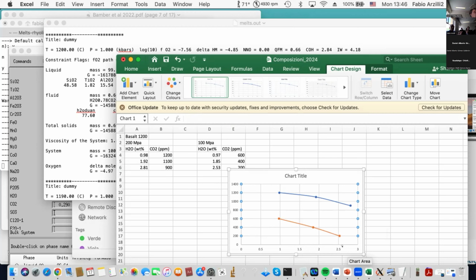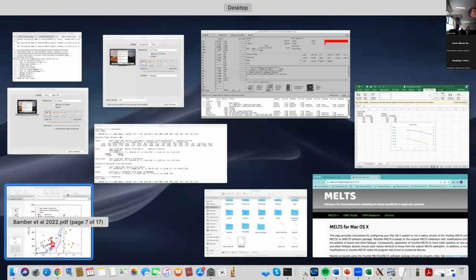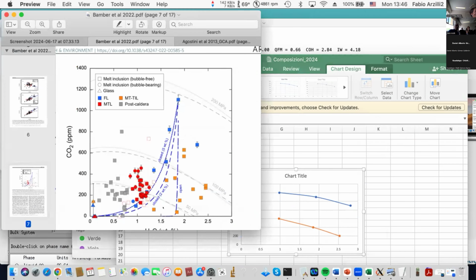So what we did in this diagram, for instance, was we measured water and CO2. The water was measured with Raman and with SIMS, and the CO2 just with SIMS, for our melt inclusions. This is the Masaya volcanic system in Nicaragua. You see the Fontana Lapilli eruption goes from here to here.